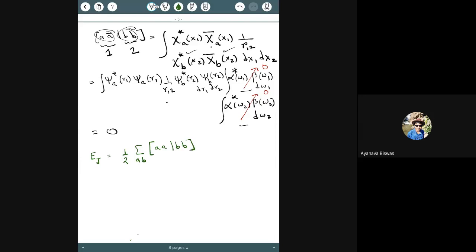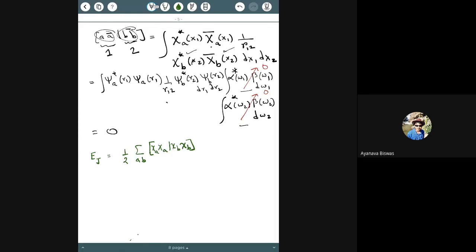So in terms of spin orbitals, maybe I'll write it explicitly: chi A, chi A, chi B, chi B. This was the Coulomb part of the energy.